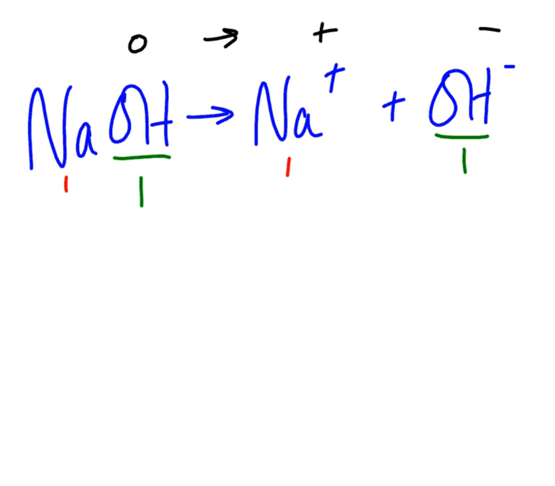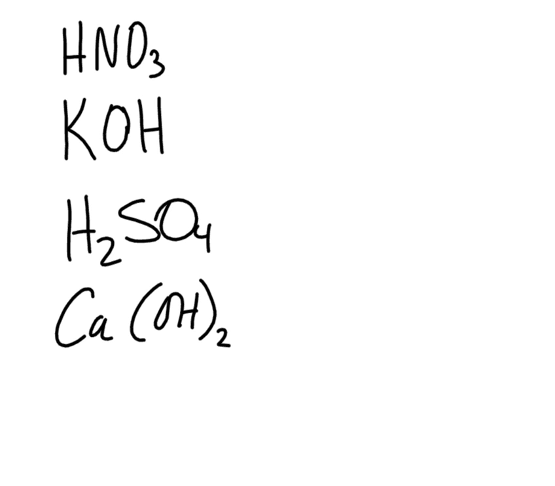Okay? So, a couple little practice problems for you. Okay, so we have nitric acid, which is an acid, obviously, since it's nitric acid, but usually what you're doing to identify if it's an acid or a base is the presence of hydroxide. Okay?